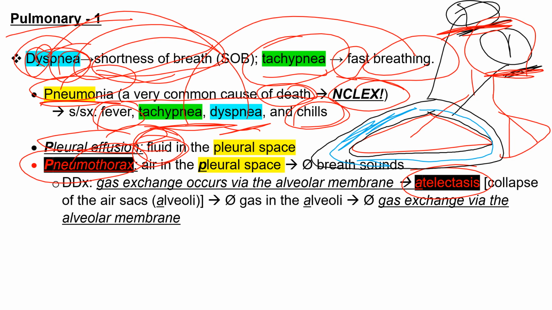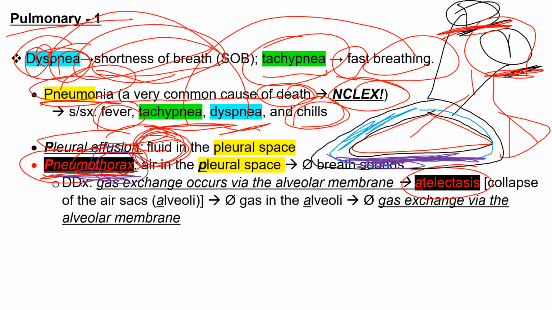Now, let's differentiate it from pneumothorax. If instead of fluid in the pleural space, we have air, a collection of air, and I'm drawing it in pink, then we call it pneumothorax.